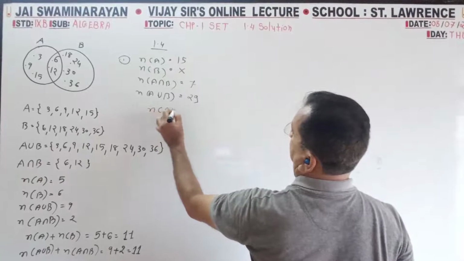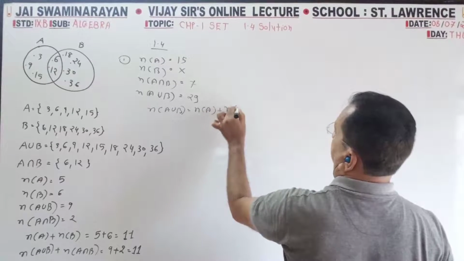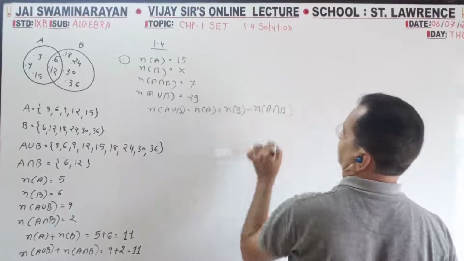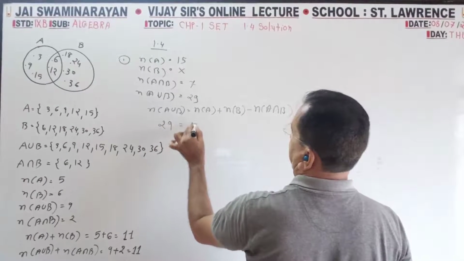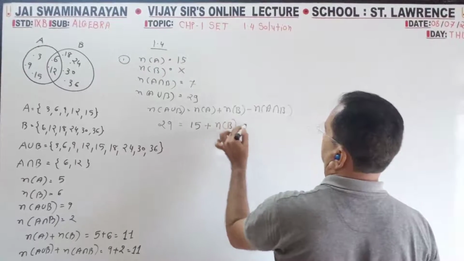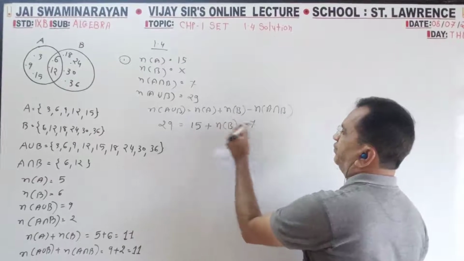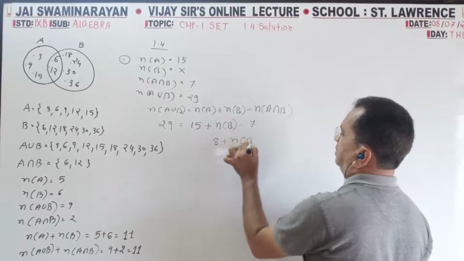number of A union B equals number of A plus number of B minus number of A intersection B. Union given 29, A given 15, this is not given, intersection 7. So 15 minus 7 is 8, plus number of B is 29.